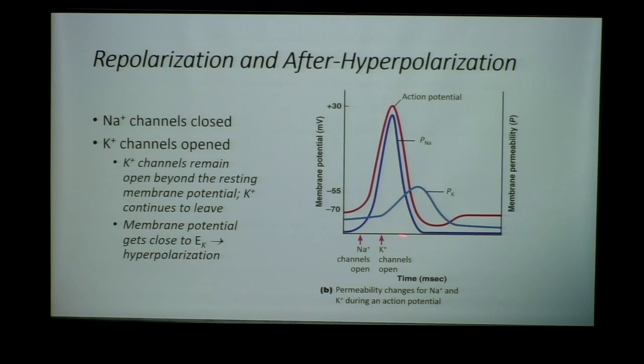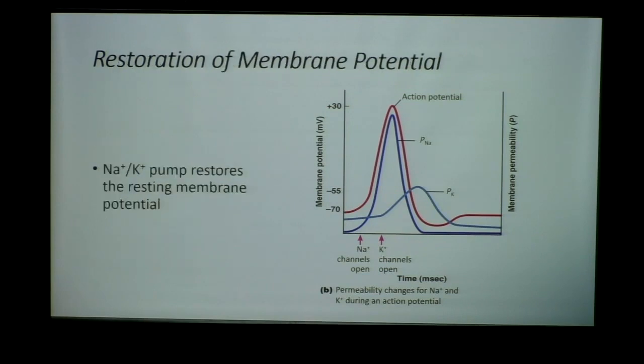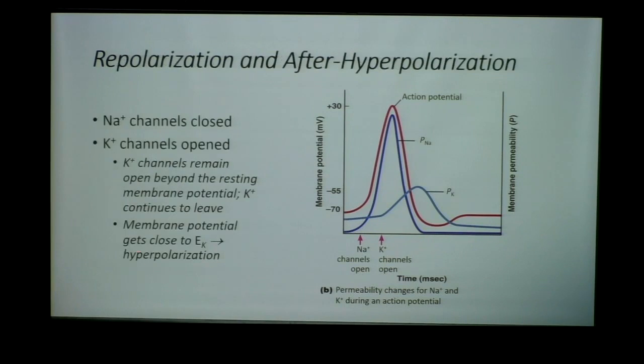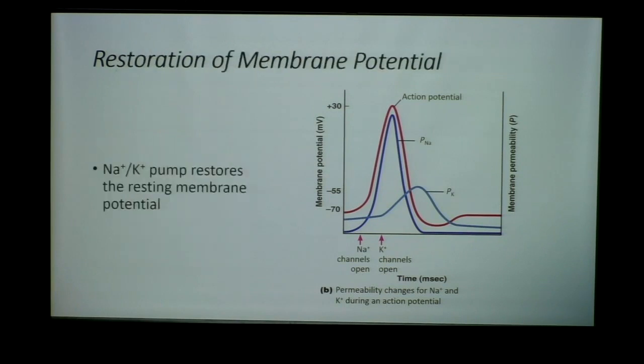And you can see that here. It's going to go all the way down below that resting -70. And so what happens here is that it becomes very close to potassium's equilibrium as it hyperpolarizes, but the sodium-potassium pump kicks in and restores the membrane potential back up to rest.